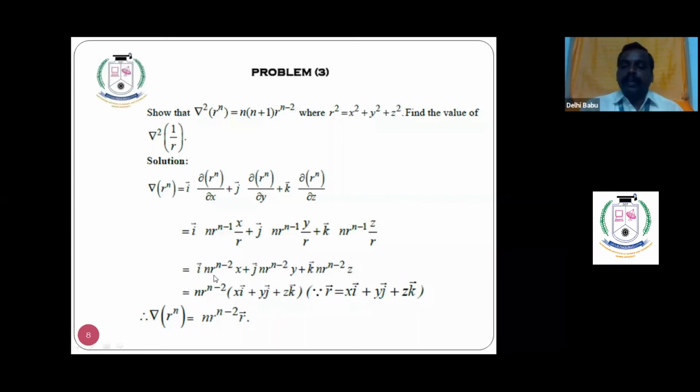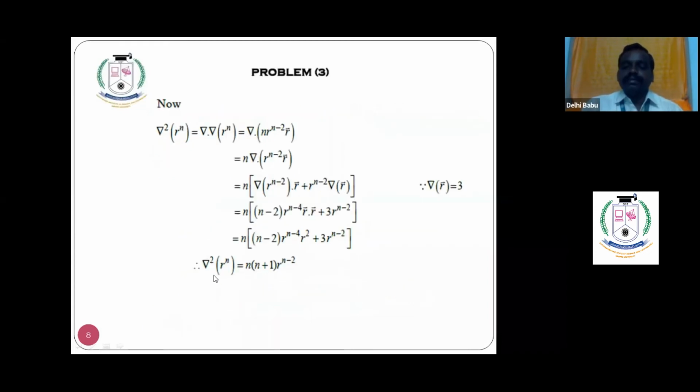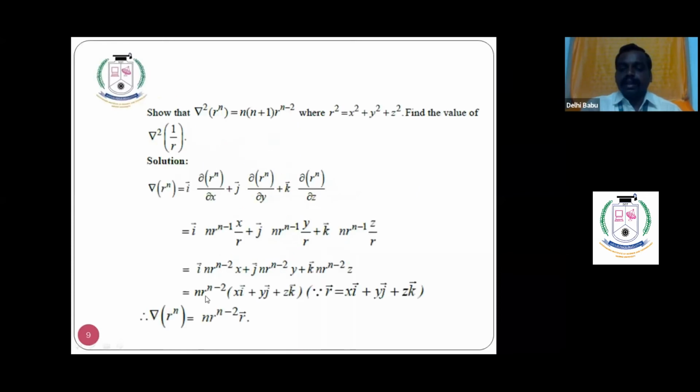So del square r^n is nothing but del of del r^n, that is del dot del r^n, which is del dot, this del r^n. Just before we got it as n r^(n-2) into r vector.